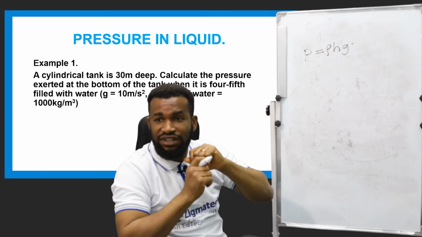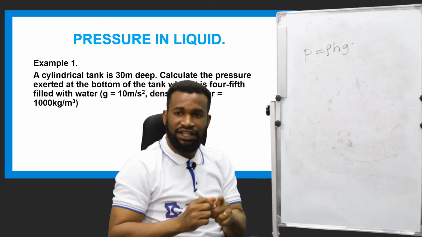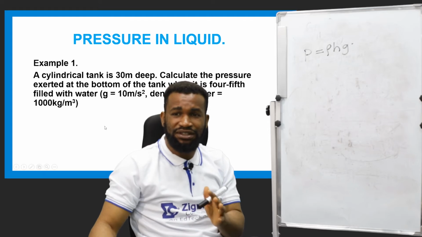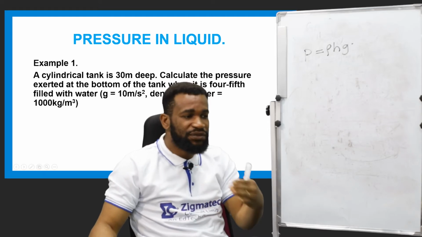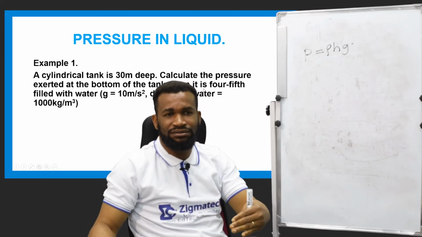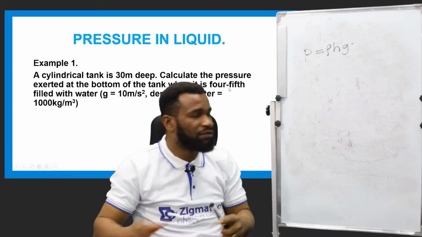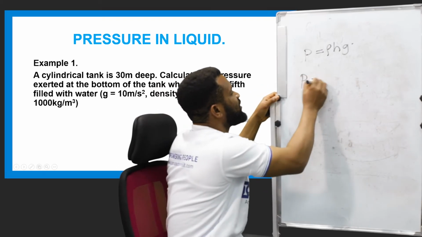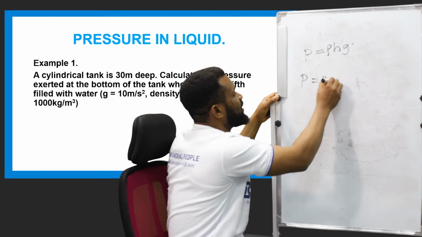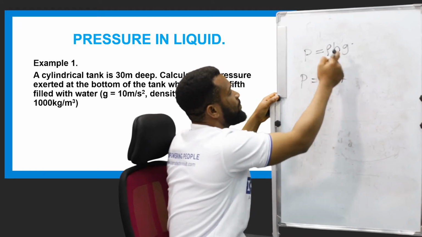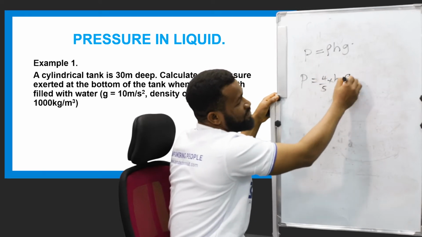But then it's not just about the height, because the tank was not totally filled to the brim. It was filled a fraction to the top, and that is 4/5. So this height is just going to be 4/5 times the height, times density, times acceleration due to gravity.